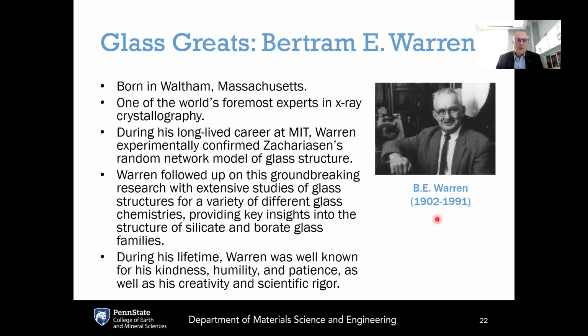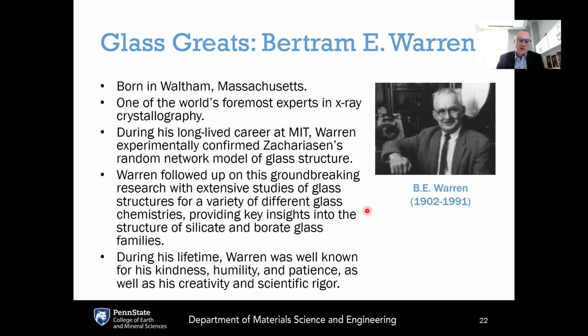But for this lecture, I want to end with our class great. Today, it is Bertram Warren, who lived from 1902 to 1991, born in Waltham, Massachusetts, outside of Boston, and he was one of the world's foremost experts in X-ray crystallography. He had a long career at MIT, where he experimentally confirmed Zachariasen's random network model of glass structure.